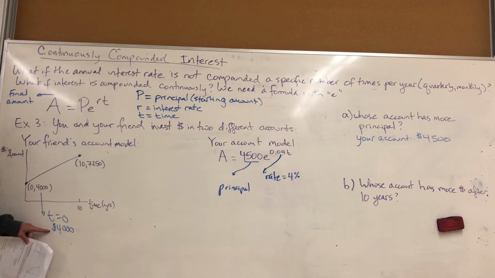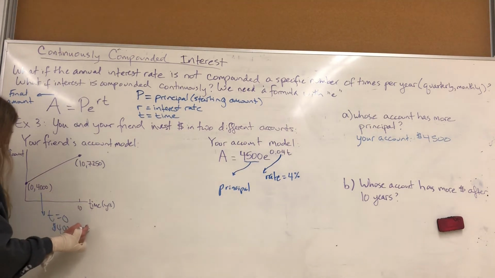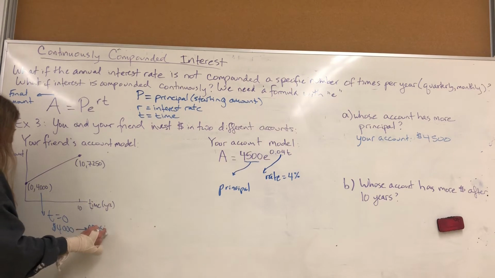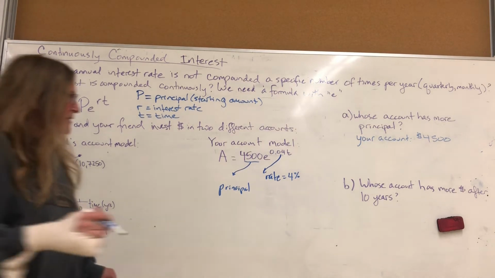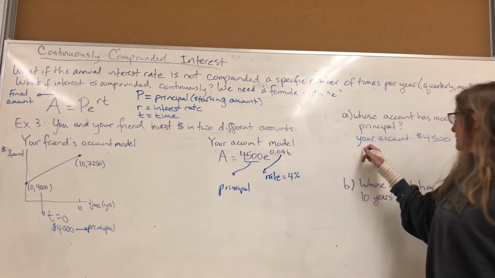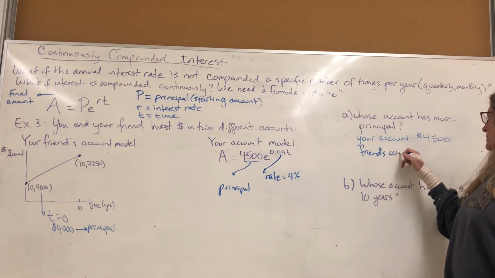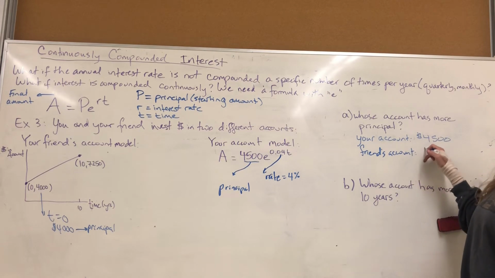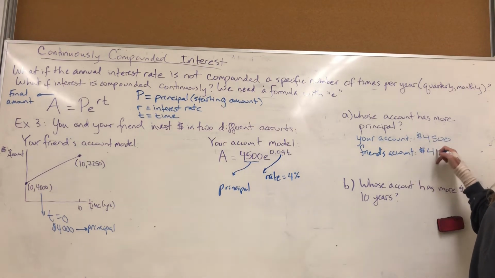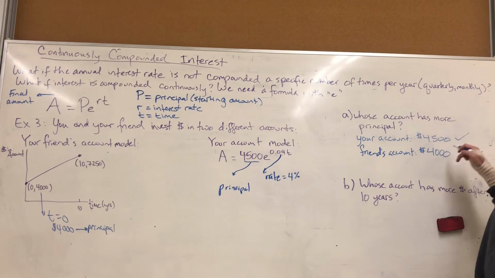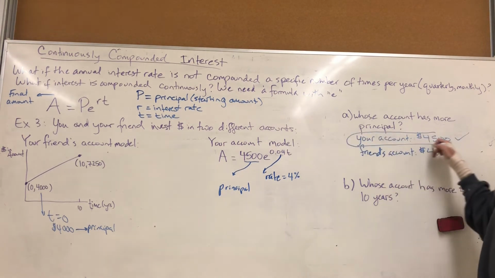So that means this is the principal. So your friend starts with 4,000. So you have more to start.